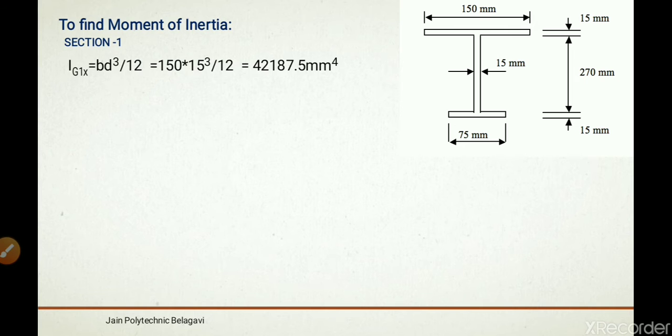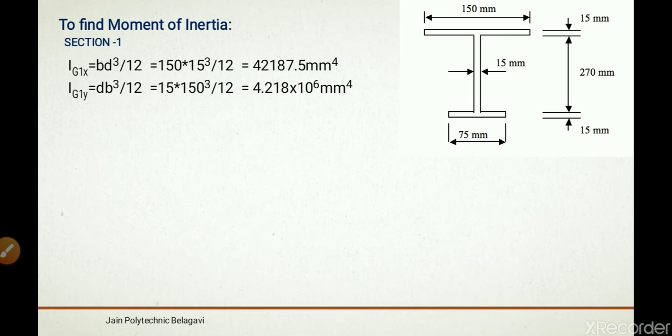Moment of inertia for section 1 about the x axis is given by BD cube by 12. So B is 150, D is 15, cubed, divided by 12. So 42187.5 millimeter raised to 4 is the moment of inertia for section 1 about the x axis.